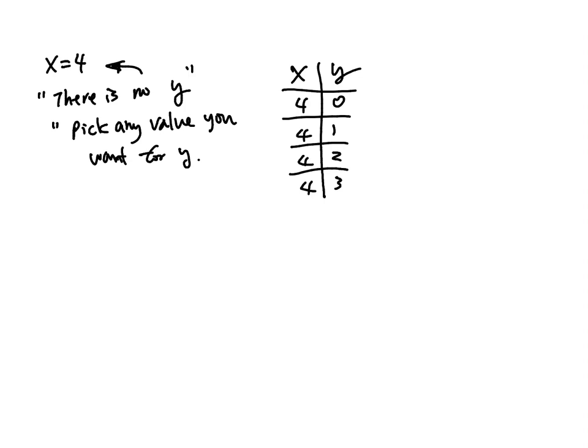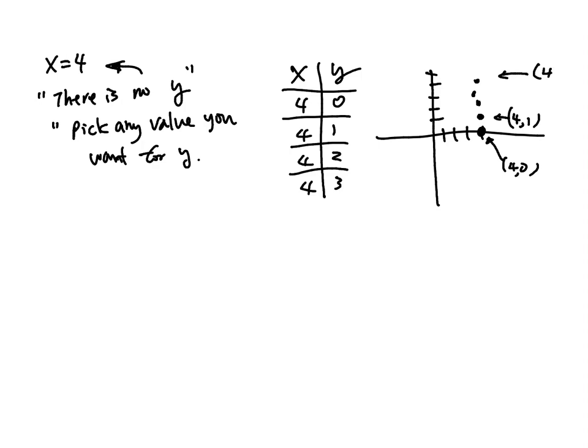And if you graph it, notice, I'm just going to do a very rough hand sketch. 4, 0 is right here. 4, 1 means 4 to the right, 1 up. 4, 2, 4, 3, 4, 4, right? We can keep going.